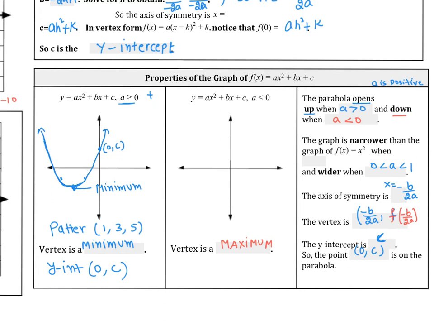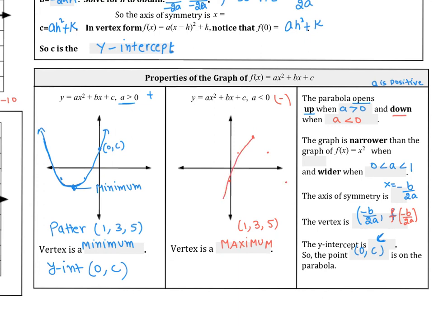For a negative, in this case a is negative, anywhere it starts from, let's say it starts from here, it's going to open down. The pattern is still the same: go down 1, down 3, and down 5. So let's say down 1 and then down 3.